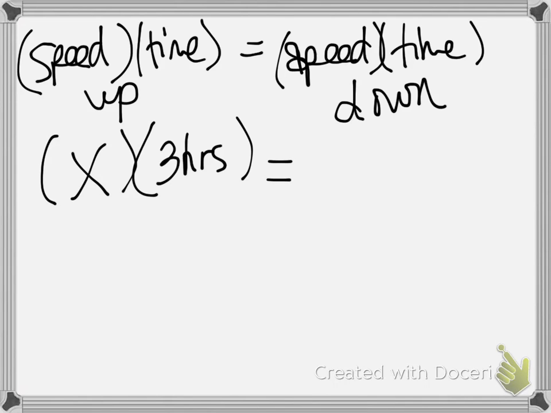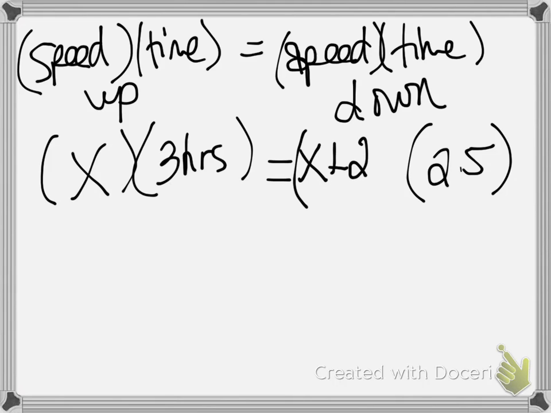It's what we're trying to find. And it says the time coming back down was 2.5 hours, and we know coming back down they traveled 2 miles per hour faster. So because we said speed was x, we know that they traveled x plus 2 miles per hour.